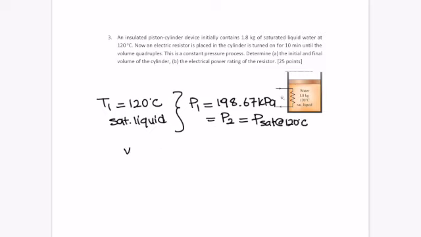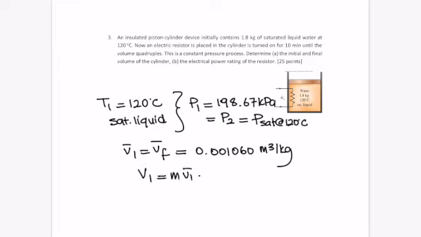We also read that the specific volume at the first state was 0.001060 meter cube per kilogram. Now we can figure out the volume at the first state, because it's going to be mass times specific volume, and the mass given to us is 1.8 kilogram.